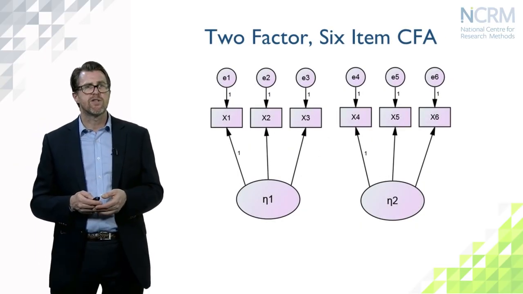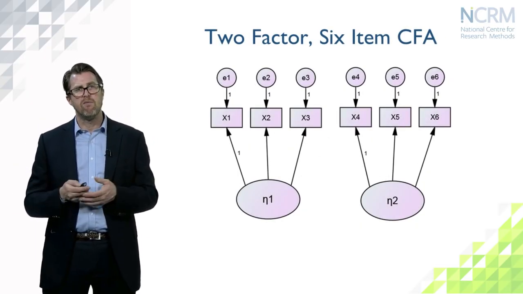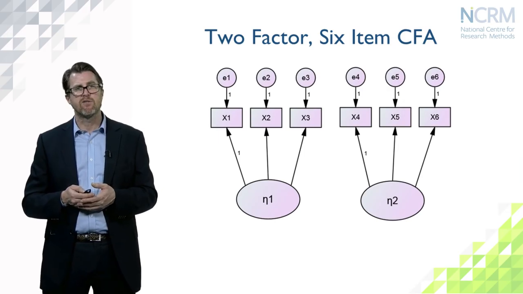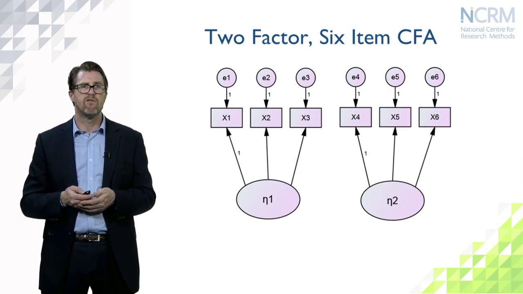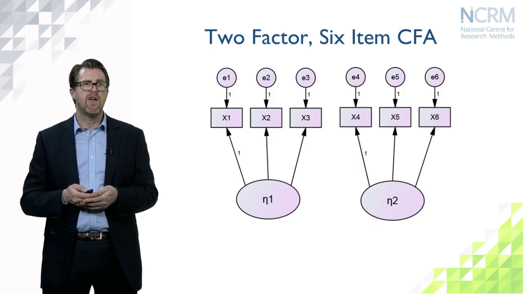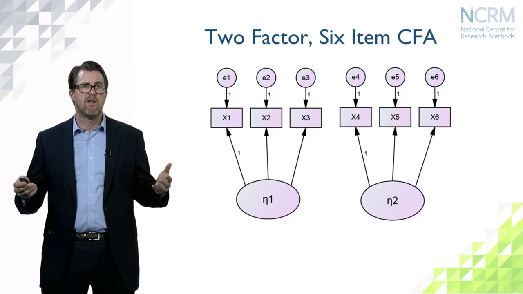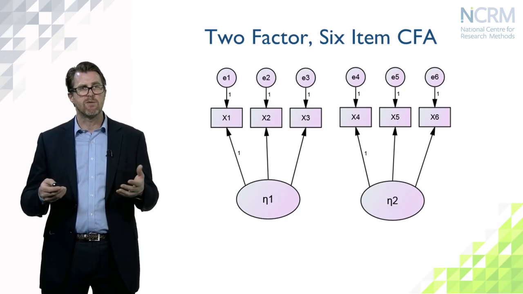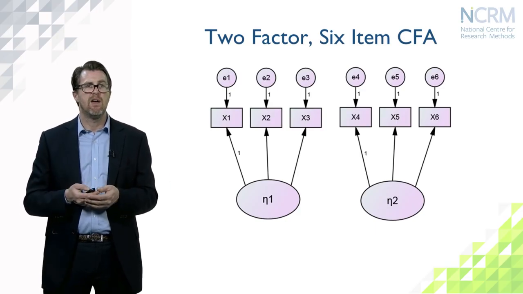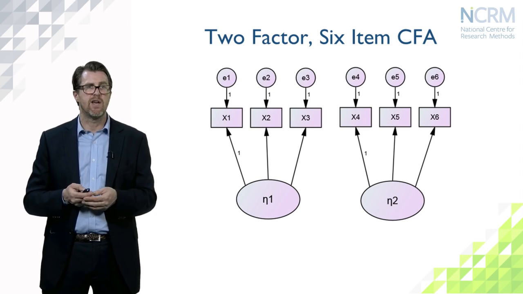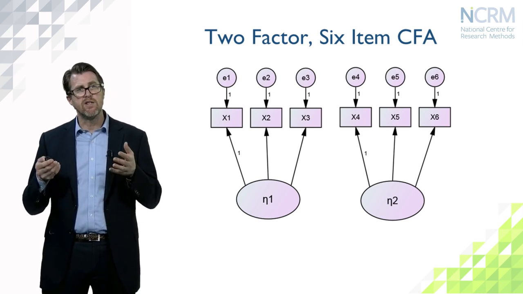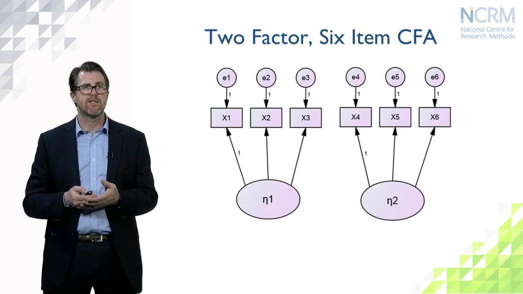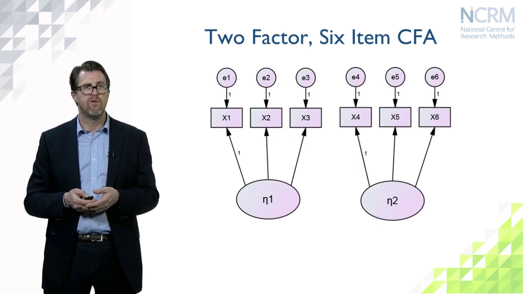By way of contrast, the same variables and the same 2 factors now in the form of a confirmatory factor model, now rather than having estimates for all of those relationships between eta1 and x1 to x6 and eta2 and x1 to x6, we say that there is no relationship between eta1 and x4 to x6.